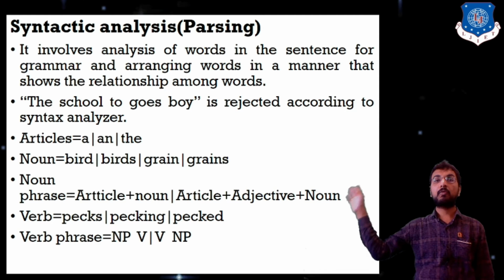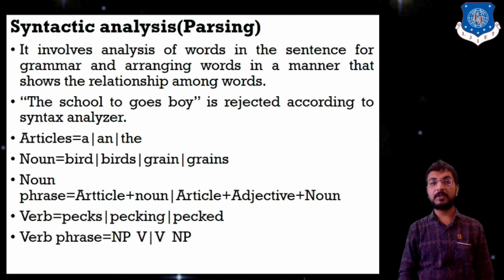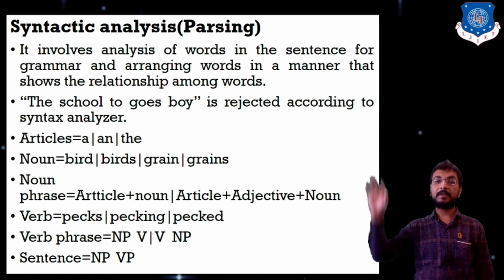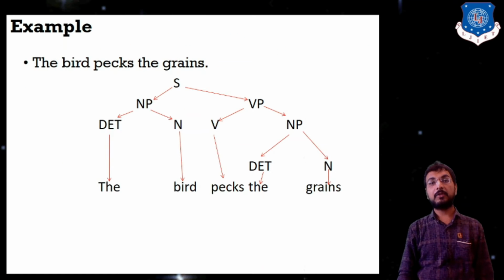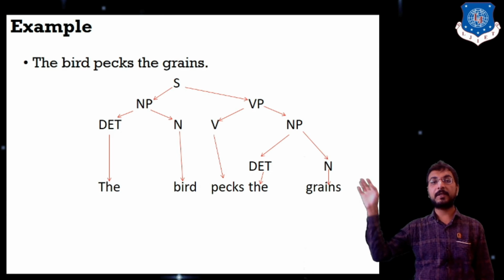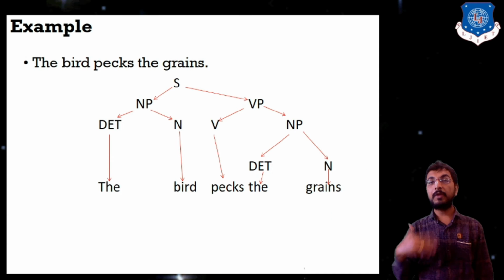Next, verb phrase is equal to noun phrase plus verb, or verb plus noun phrase. This is a grammar using which I am going to form one sentence. Next, sentence is equal to noun phrase plus verb phrase. Let us say we have one statement, the bird pecks the grains. How will it check whether the given statement is correct according to sentential form or not?